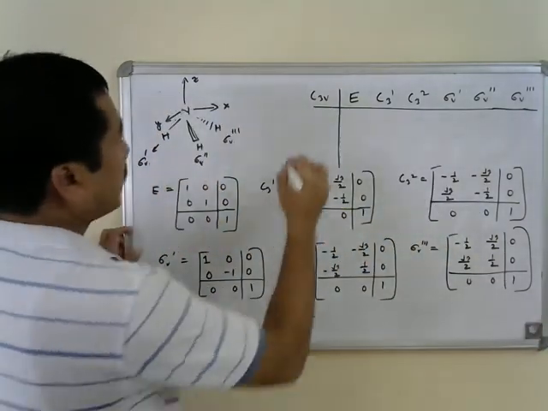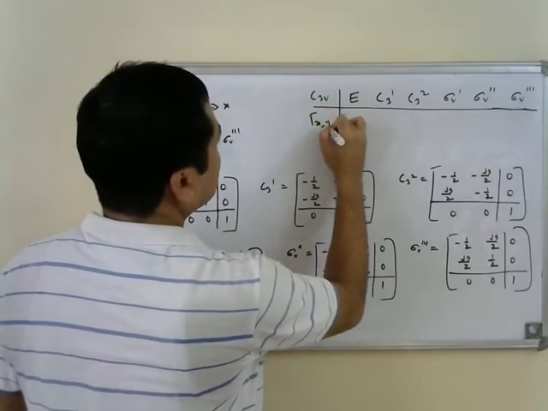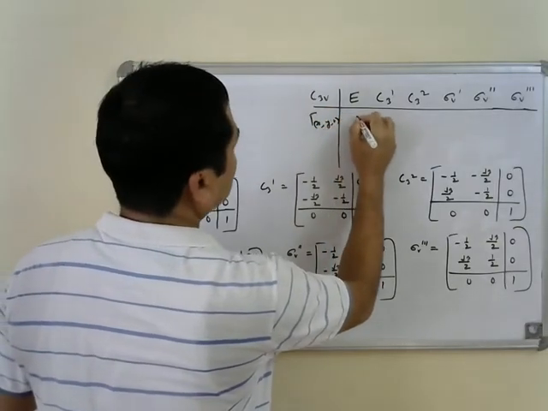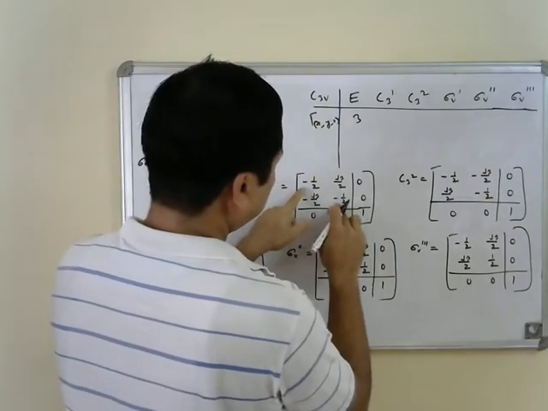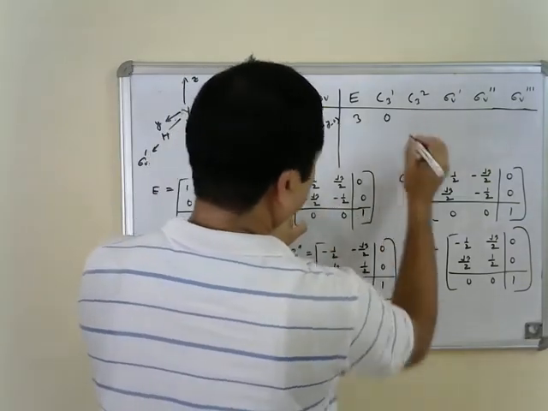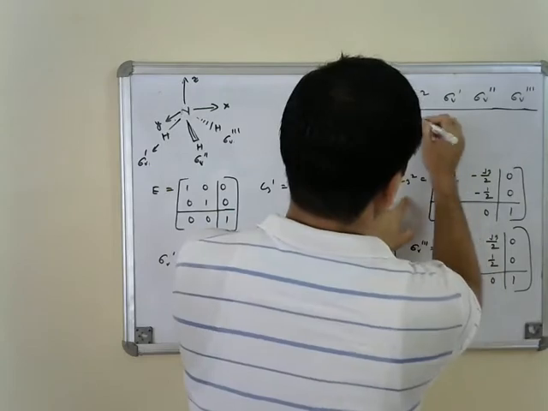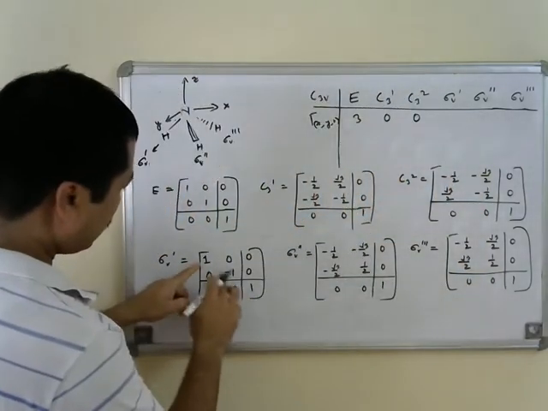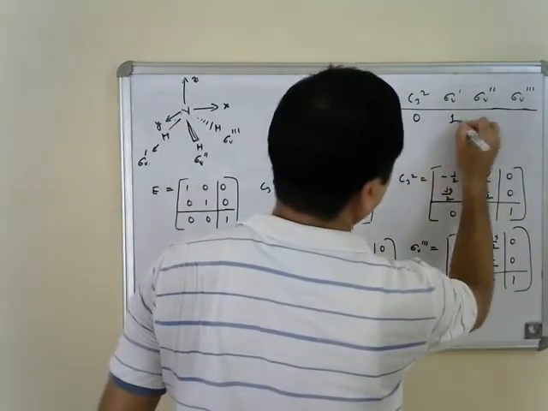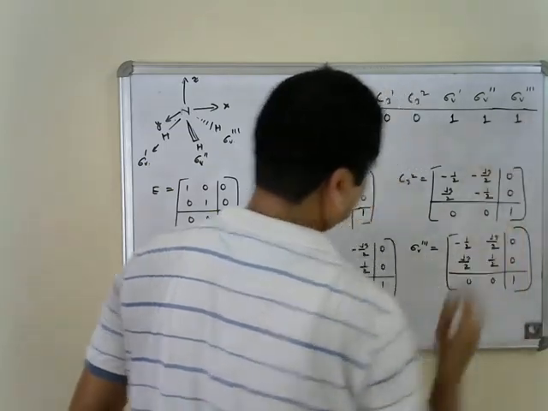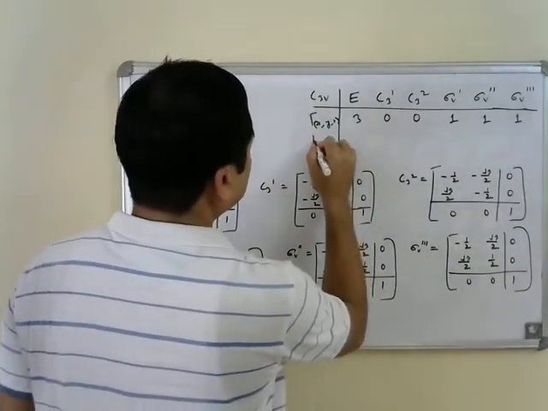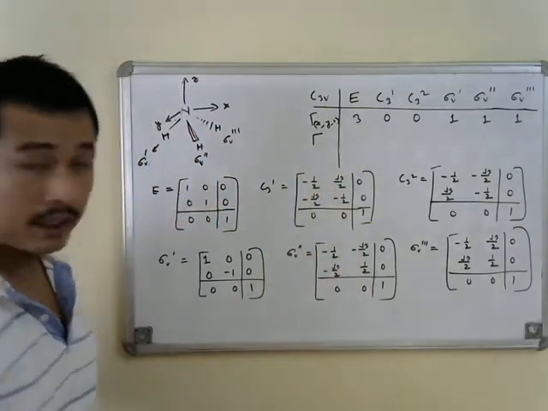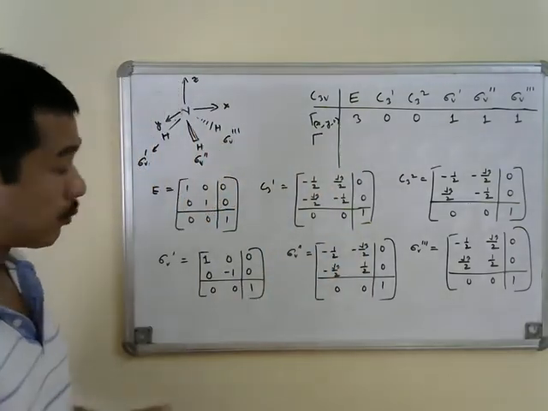So now we can write that gamma xyz in this case is equal to 3 here. Then this is going to be minus 1 plus 1 0, minus 1 plus 1 0. This is plus 1, this is also plus 1, and this is also plus 1. So then what we have is two irreducible representations now, after doing block factoring.